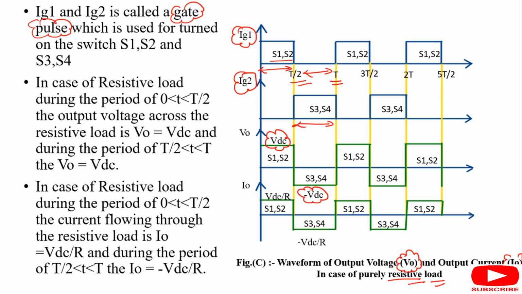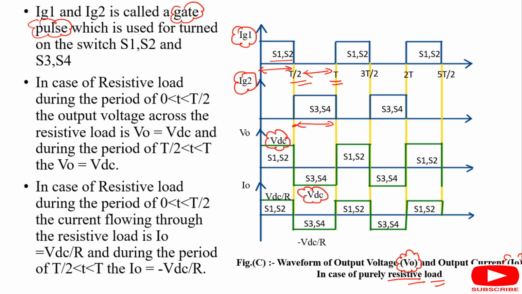As we know, the waveform of the output voltage and the waveform of the output current remain the same in case of purely resistive load.